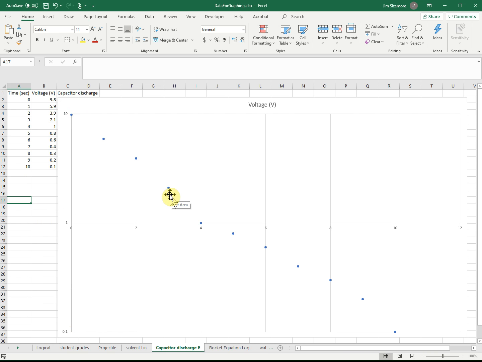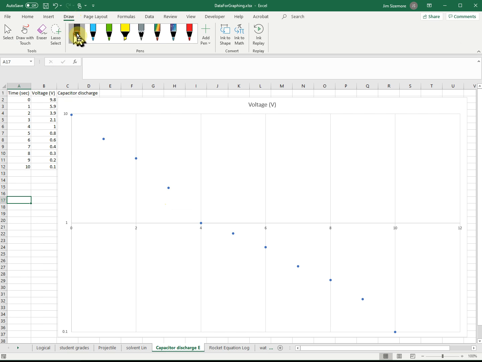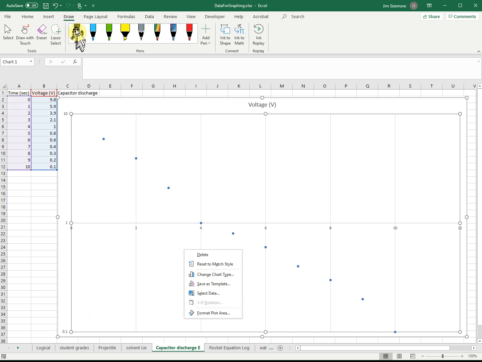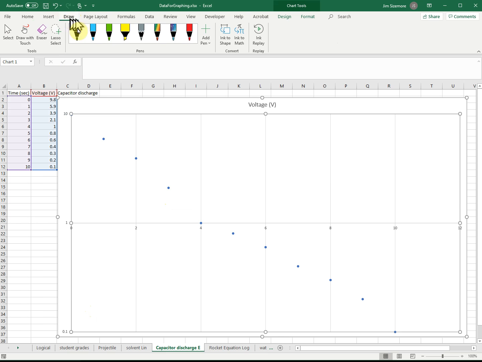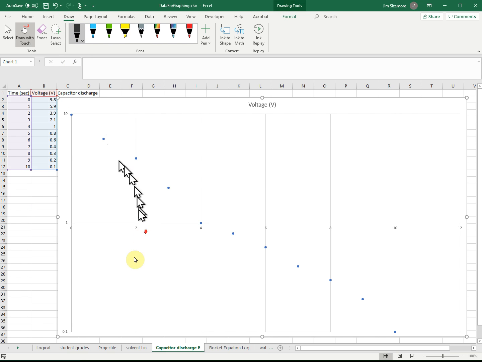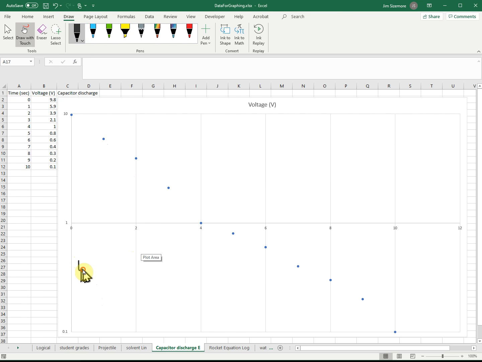And I'm going to get a drawing tool out. What it's telling us, I want to select a pen, is that the logarithm of the y values equals some slope times x plus b.